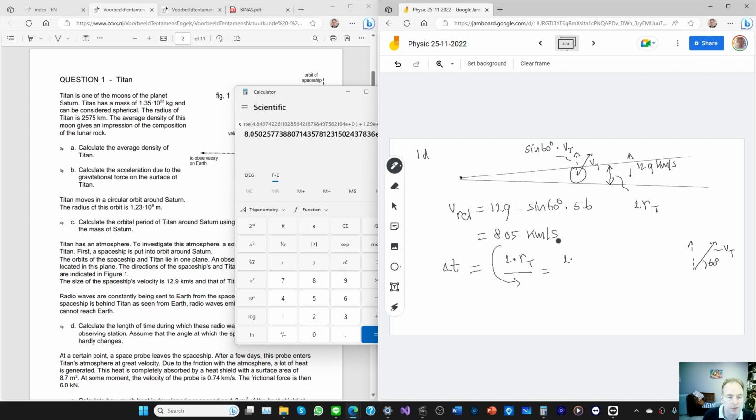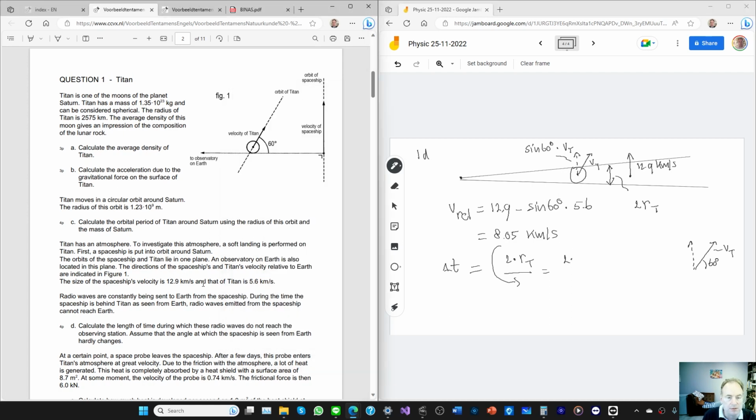It's 2 times, what was the radius again? Here, 2575. Let's keep it in kilometers because the speed is in kilometers per second.